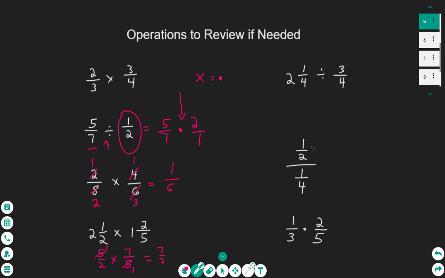So this is the same thing as saying 1 divided by 2. We could read it as that or 1/2. So here we have this big bar, and what we're really saying is the 1/2 divided by the 1/4. So another way to write this would be 1/2 divided by 1/4.